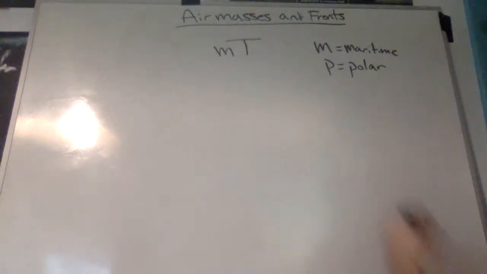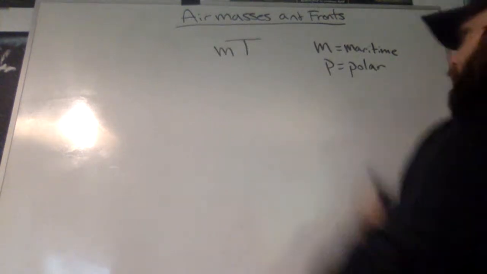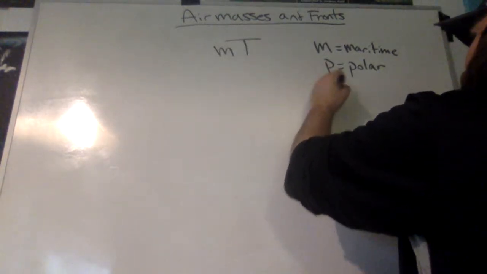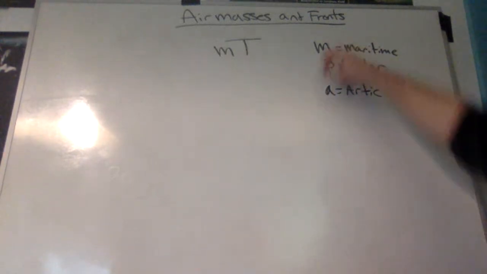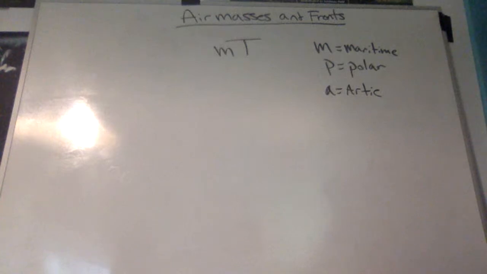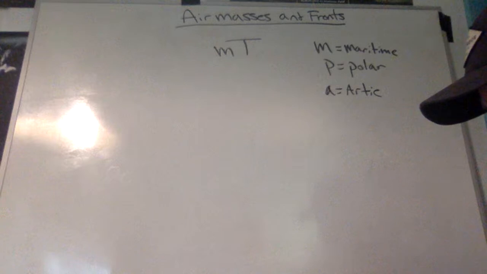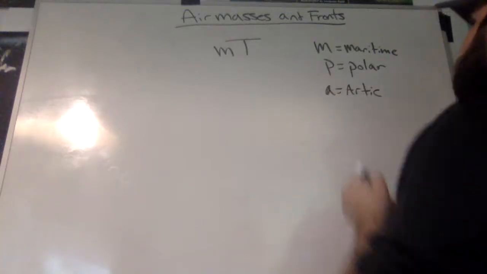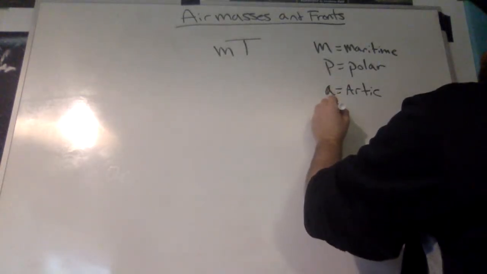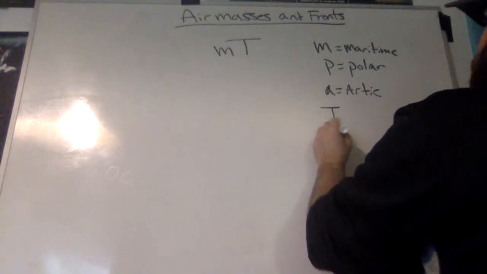Sometimes you get A, which is Arctic, but generally it's M and P. Now the other thing is you either have a T or a C.